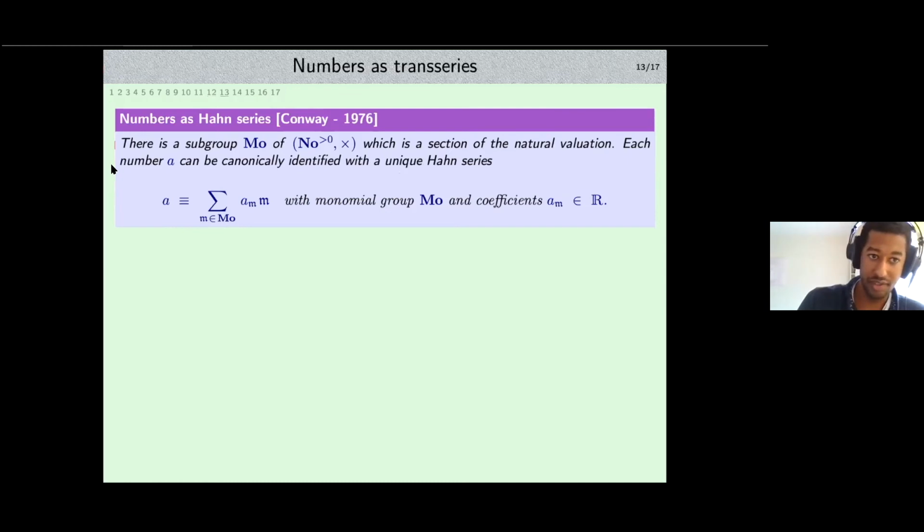So Conway defined further structure on surreal numbers, which essentially showed that it is a field of Hahn series. That is, every number can be written as a sum, finite or infinite, where the terms here are specific numbers called monomials, and the coefficients here are just real numbers.